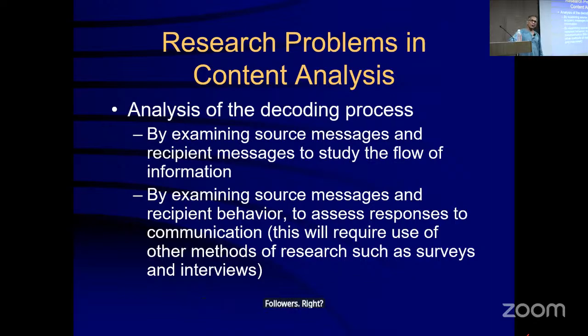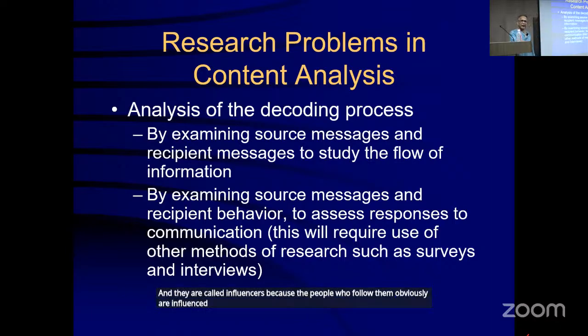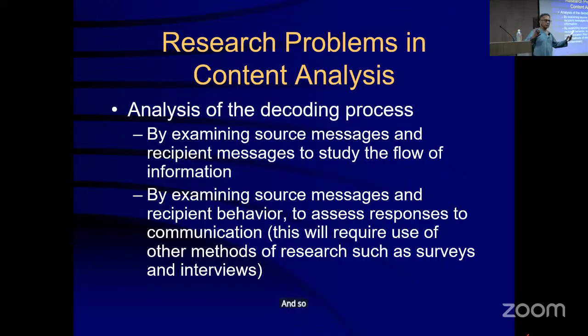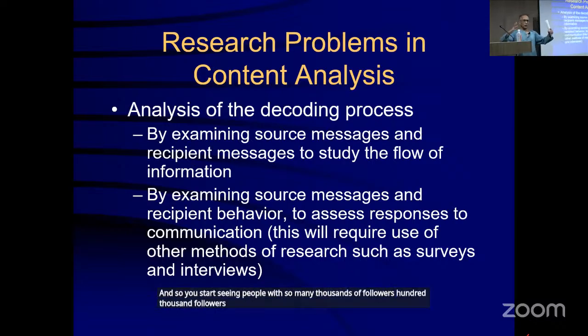And they are called influencers because the people who follow them obviously are influenced by her. And so you start seeing people with thousands of followers, 100,000 followers, a million followers, and multi-million followers.